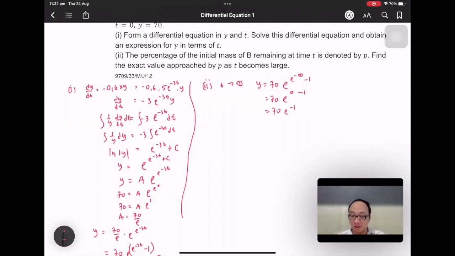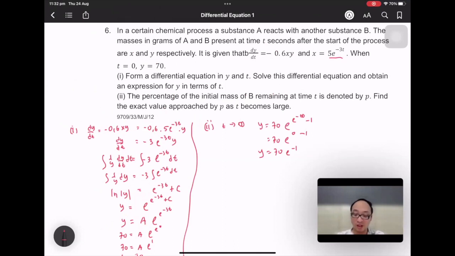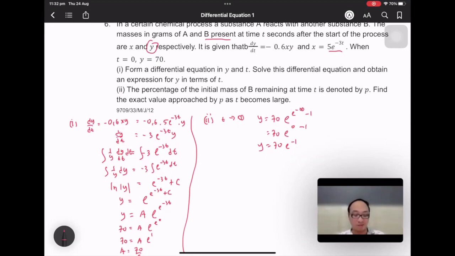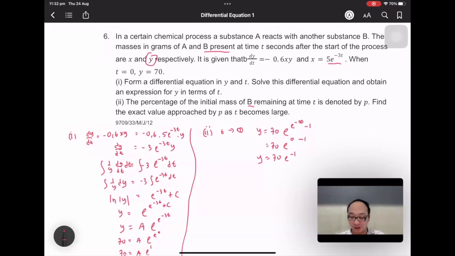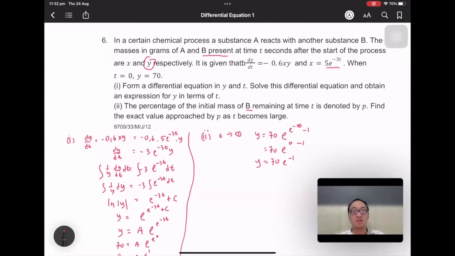So this is y. What is y? Y is the mass of B. X is the mass of A. And the question: find the percentage of the initial mass of B remaining, denoted by P. So that means we have to find the percentage of B remaining.